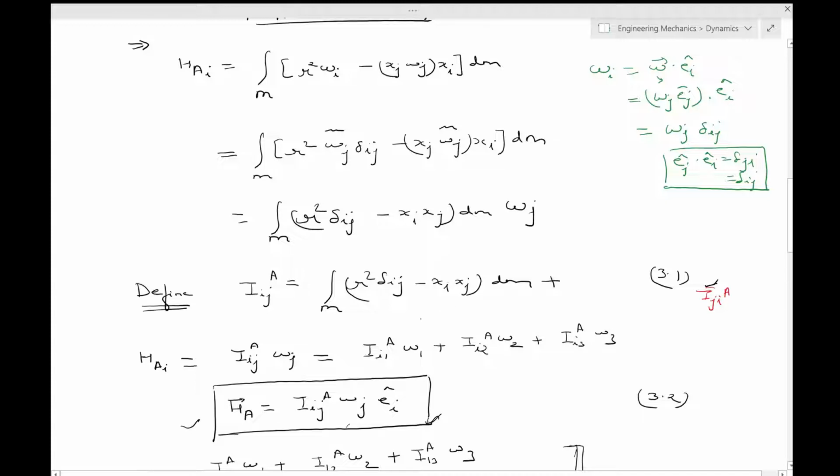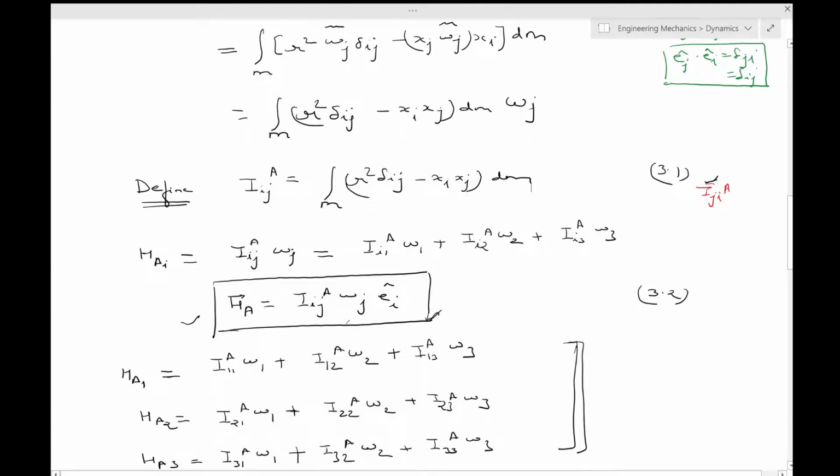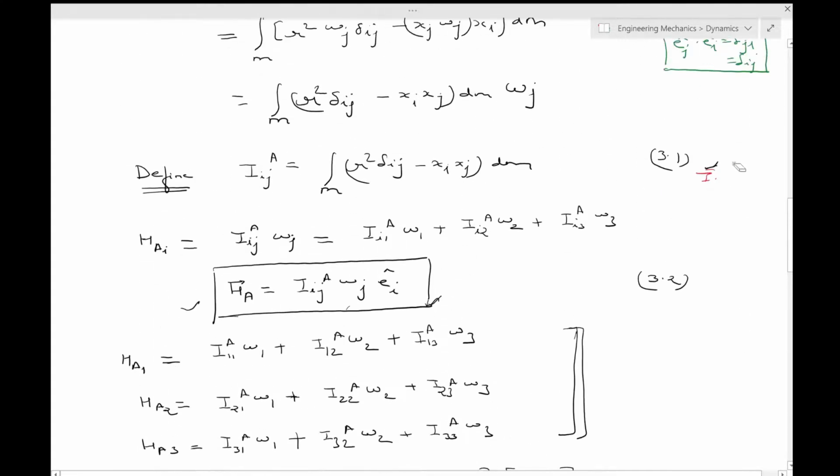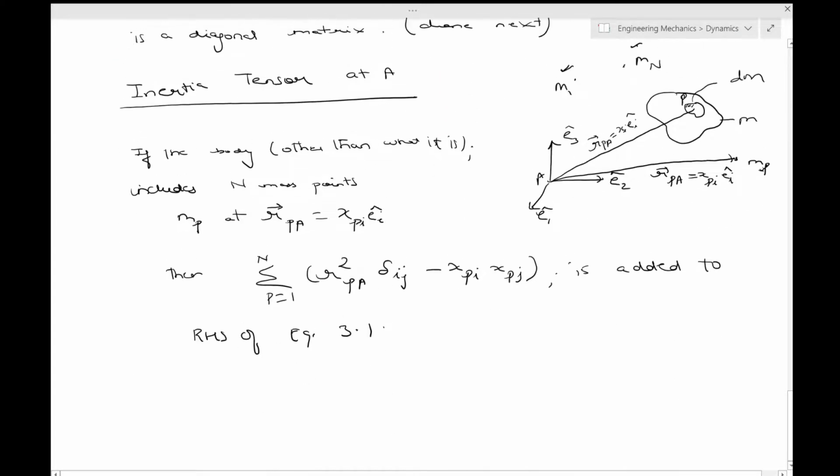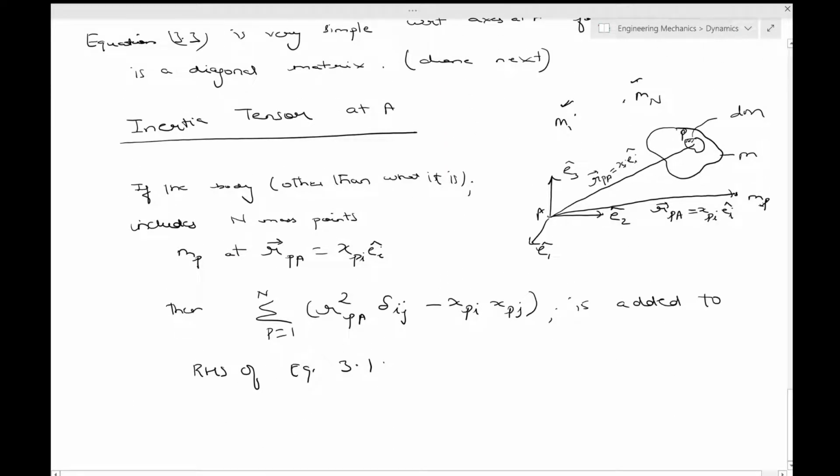So this was for a distributed mass. If you keep on adding the contributions due to m1 and so on, you will have a lot of terms, so that summation which we have written has to be added on this side. So that part is clear. Now dm can have many forms.